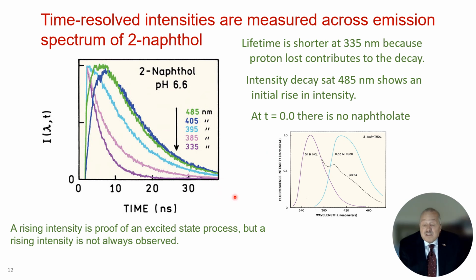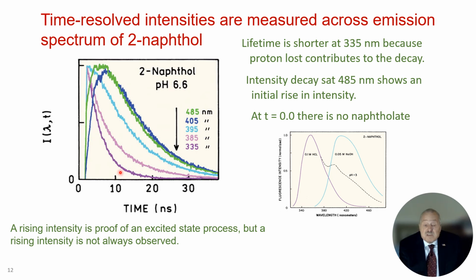So in order to get the time-resolved emission spectra, what we have to do is to collect the time-resolved decays across the emission spectrum, and we notice something immediately. When we look at the naphthol emission only, which is at 335, we see a more rapid decay than we see at 485, which is the relaxed state.